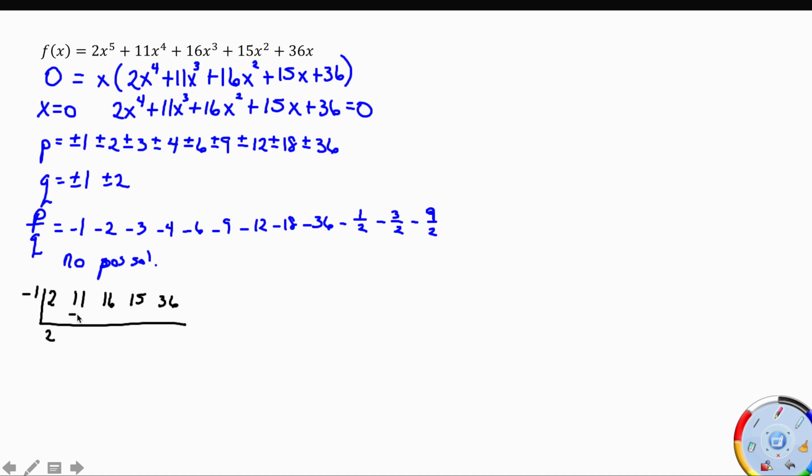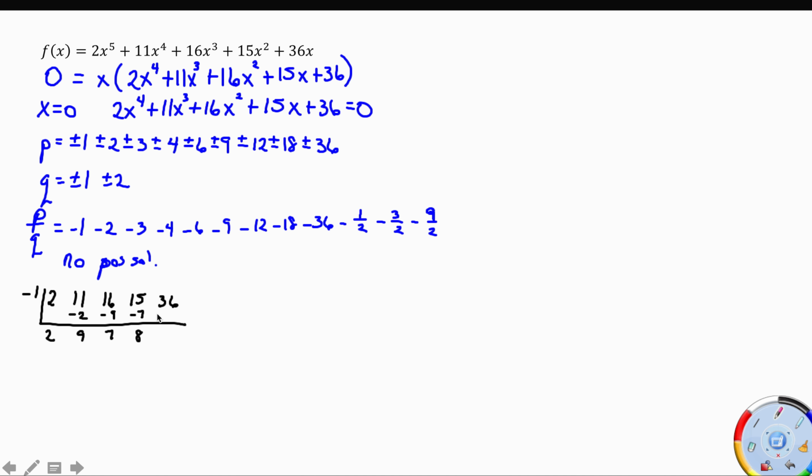-1 times 2 is -2. 11 minus 2 is 9. -1 times 9 is -9. 16 minus 9 is 7. -1 times 7 is -7. 15 minus 7 is 8.